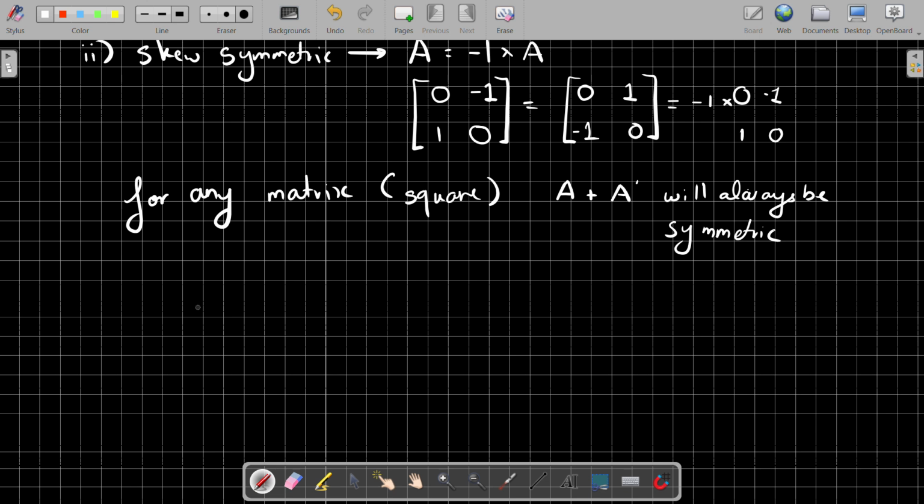And for any square matrix, A minus A transpose will always be skew symmetric.